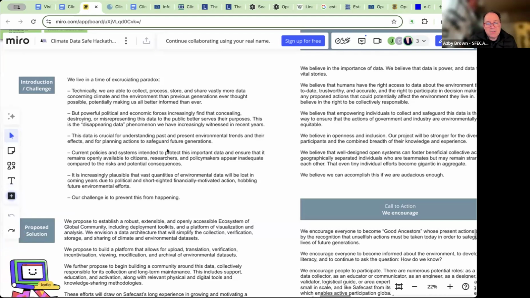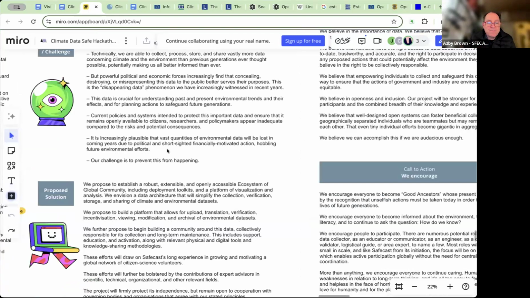Current policies and systems intended to protect this important data and ensure that it remains openly available to citizens, researchers, and policymakers appear inadequate compared to the risks and potential consequences. It is increasingly plausible that vast quantities of environmental data will be lost in coming years due to political and short-sighted, financially motivated action, hobbling future environmental efforts. Our challenge is to prevent this from happening.